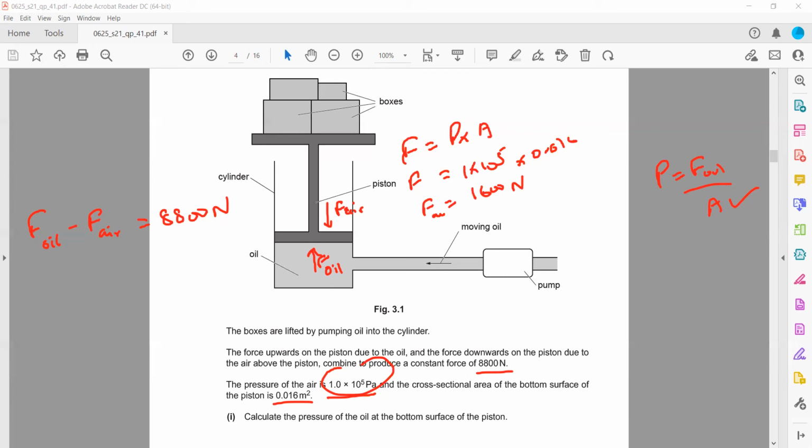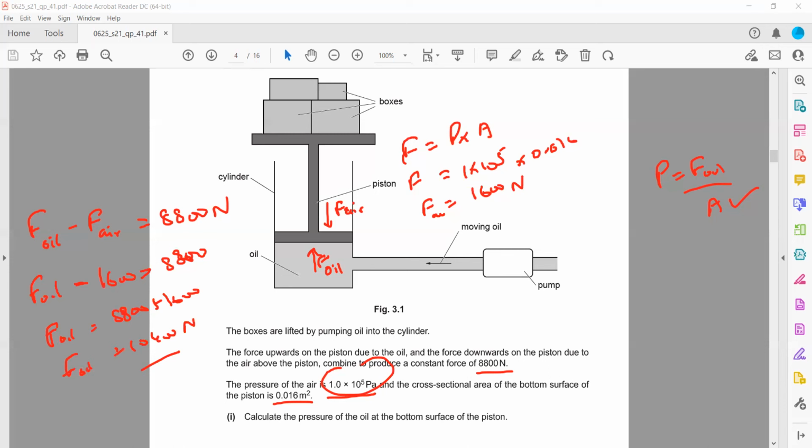How to get the force of oil? Force of oil minus force of air, which is 1,600, equals 8,800 Newton. Minus 1,600 will move to the other side, so it will be added. The force of the oil will be 8,800 plus 1,600. This will give us 10,400 Newton. So the force of the oil is 10,400 Newton.